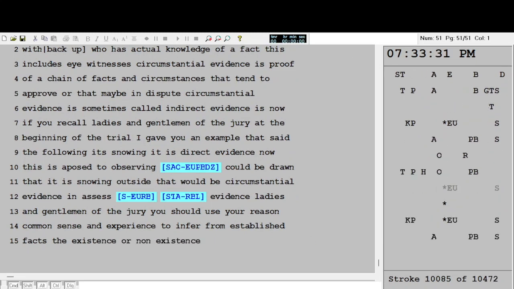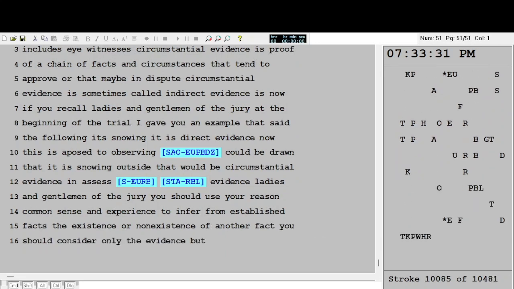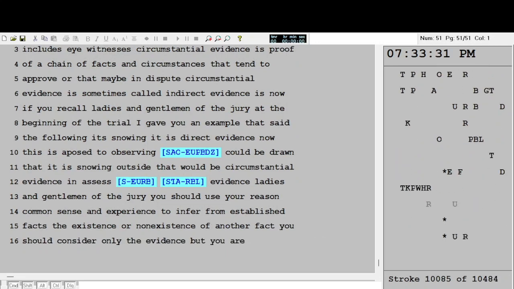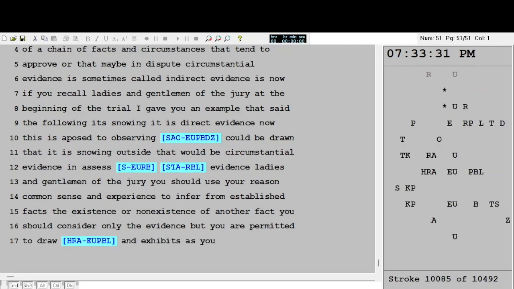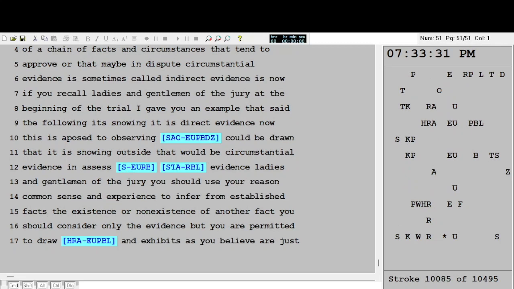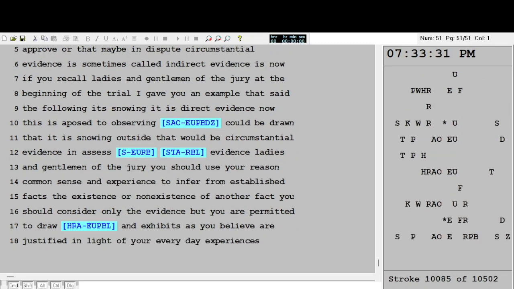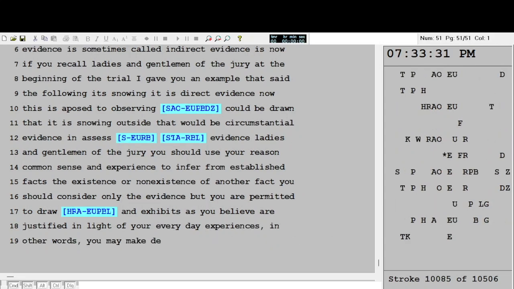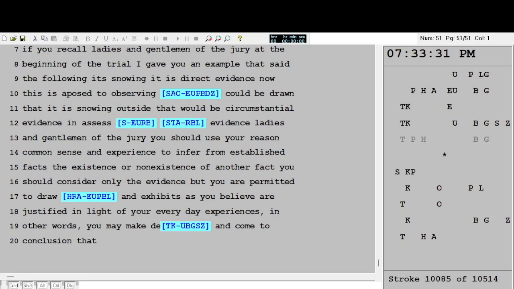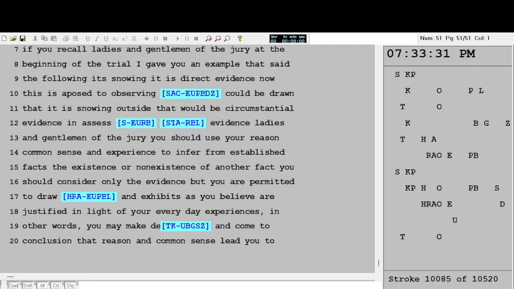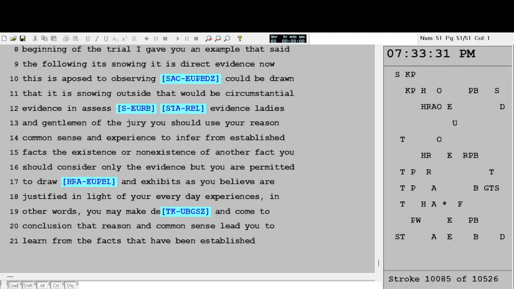You should consider only the evidence, but you are permitted to draw reasonable inferences from testimony and exhibits as you believe are justified in light of your everyday experiences. In other words, you may make deductions and come to conclusions that reason and common sense lead you to draw from the facts that have been established by other facts.